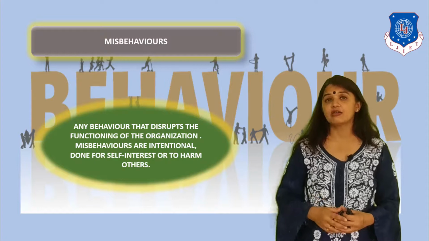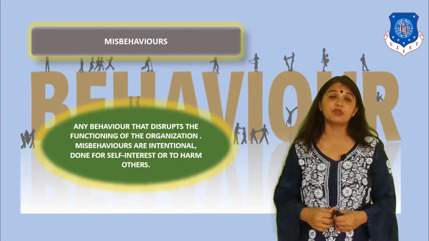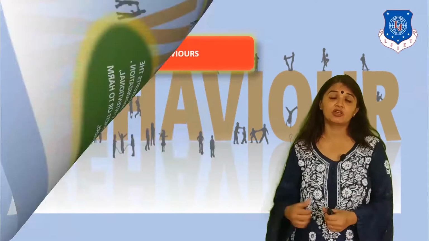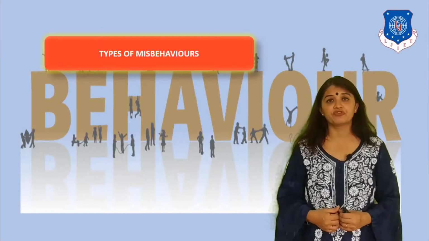All of these are misbehaviors. Now, what are the different types of misbehaviors that may happen in the organization and which may not be favorable for the functioning of the organization?